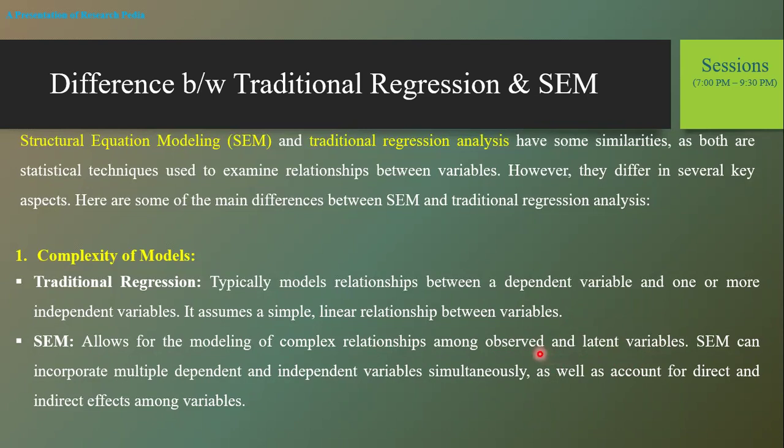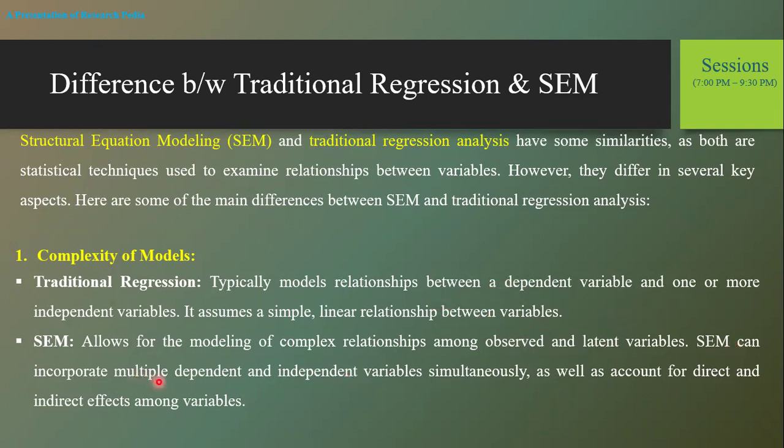If you do not have an idea about latent variables, in the upcoming slides I will let you know in much deeper detail what we mean by latent variable. So in the case of SEM, we are concerned with observed and latent variables in addition to dependent and independent variables.